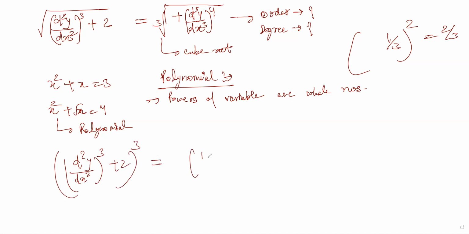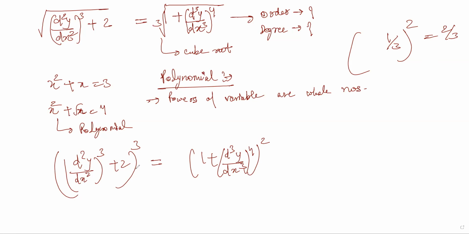And this will be (1 plus d3y by dx cube) to the whole power 4, whole square, right? So if you take power 6, this will become cube and this will be the square.